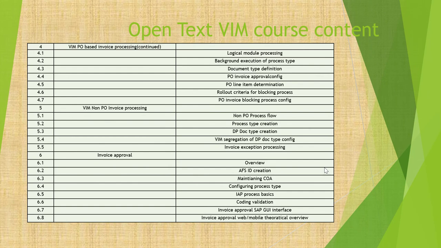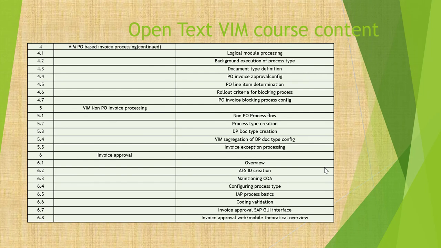One is a product code that refers to document processing based on activities. We have another product, that is PIR, a product code that refers to the non-PO parking workflow. When I talk about PO-based, we have LIX. It is a product code related to the logistics invoice verification process.